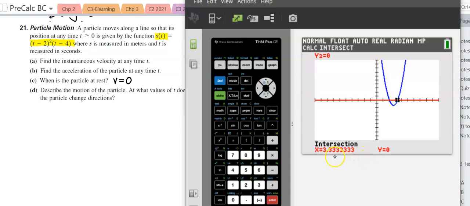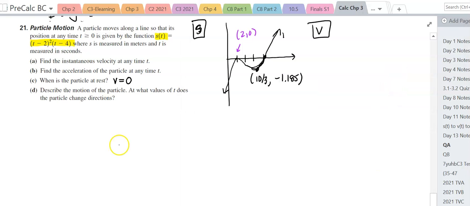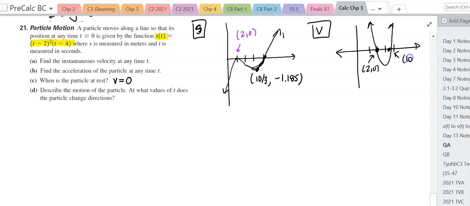And that's that 10/3 again, 3.333. So at 2 and at 10/3, like 3 1/3. So that's 2 and 10/3. All right, so I don't even know how long that took to get that graphed, but there we go.